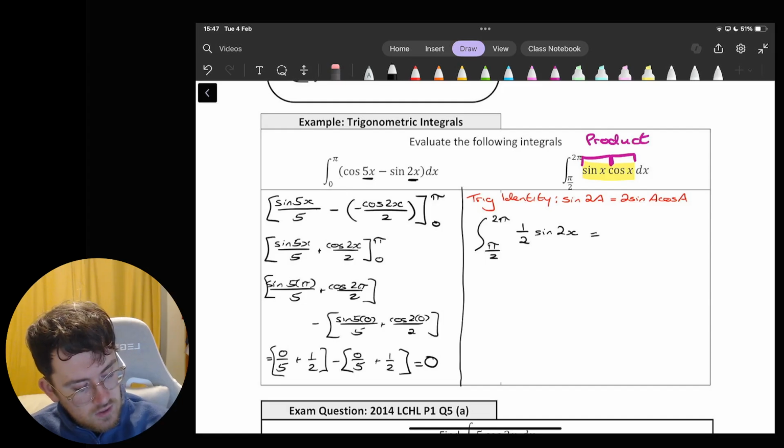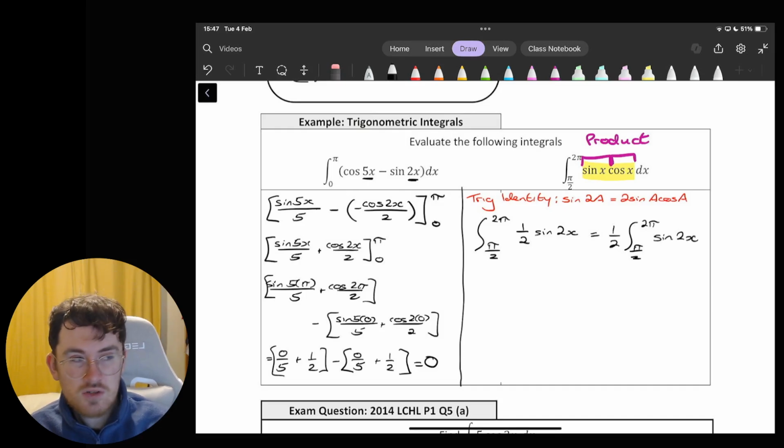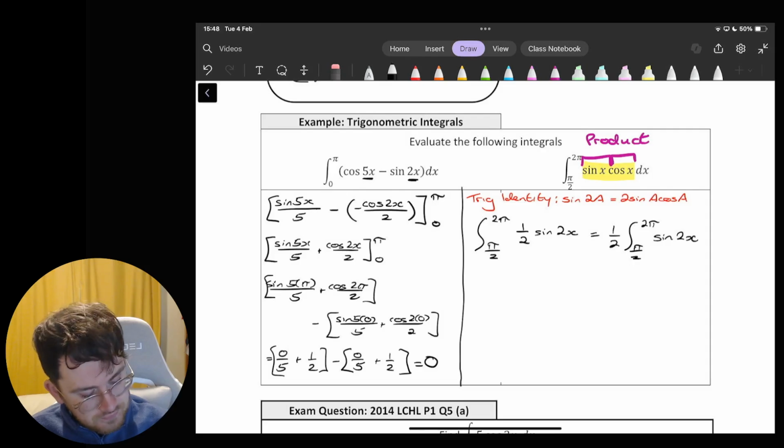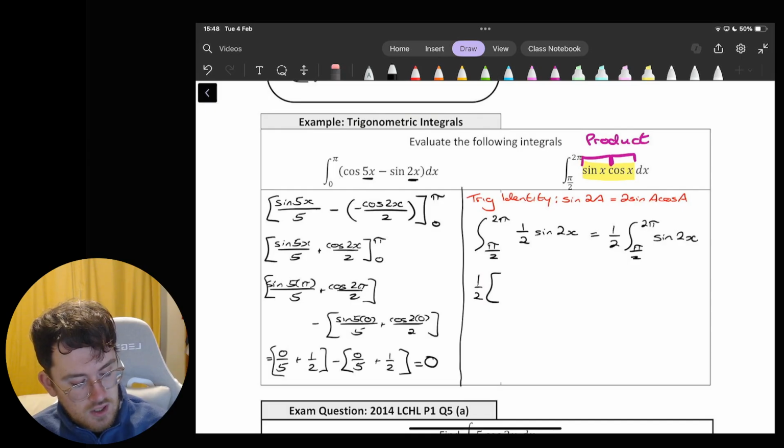Now, we can also always factor out a constant when we're doing our integrals. So it's not that I need to now rewrite this as sine 2x over 2. I can actually factor out the half here just to allow me to do my integral a little bit easier. So computing my integral here is going to give me, let me see, sine goes to minus cos 2x over 2.